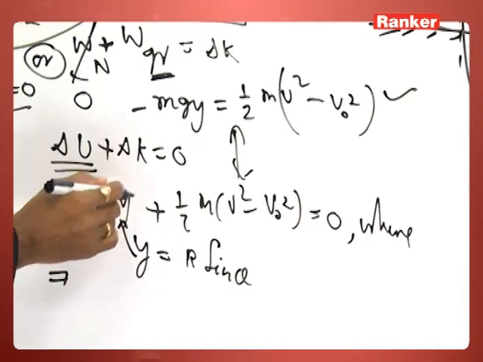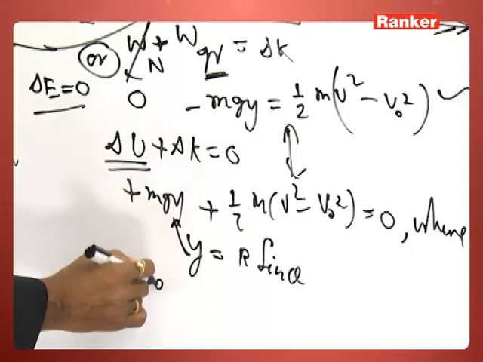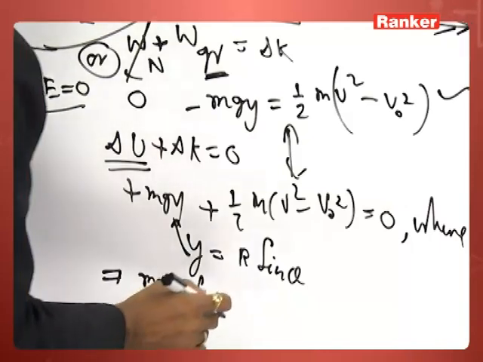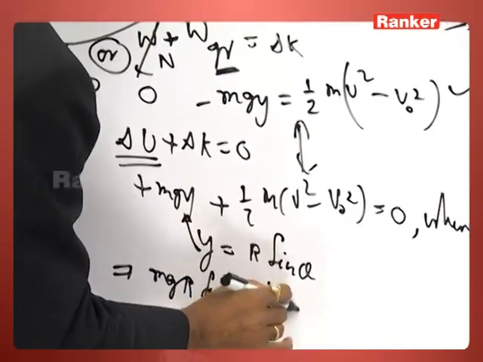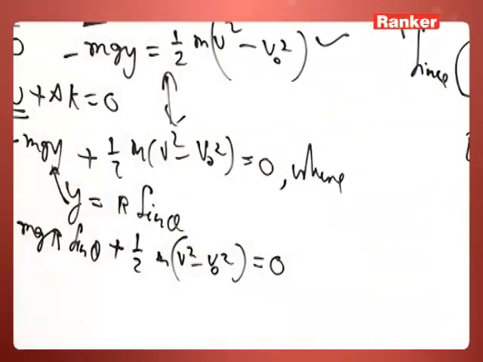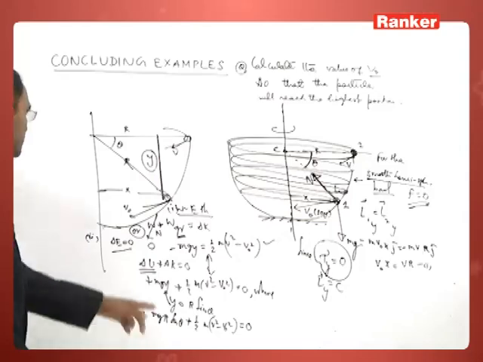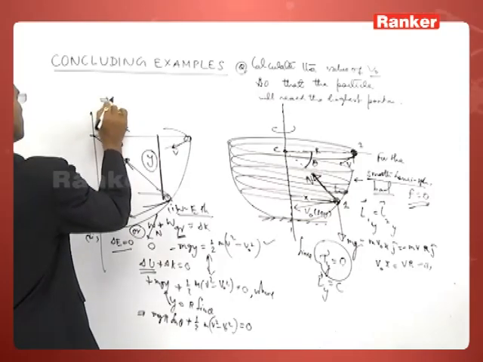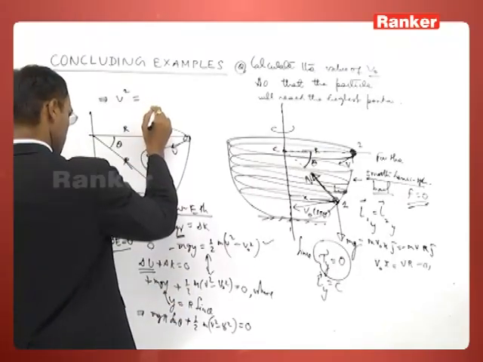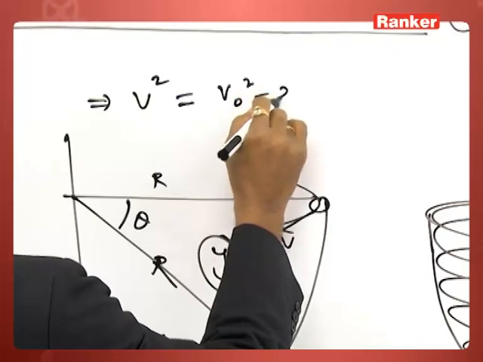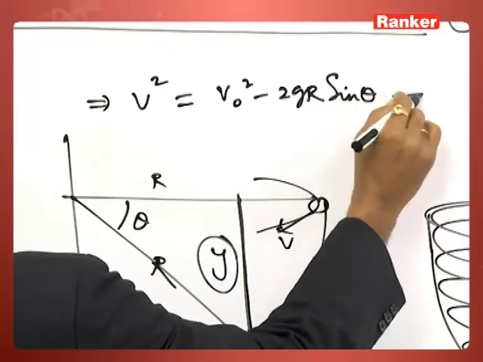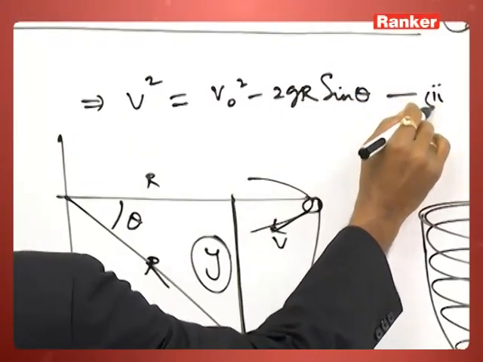Substituting y is equal to r sine theta, we are getting mg r sine theta plus half m times v square minus v naught square is equal to 0. This gives us v square is equal to v naught square minus 2gr sin theta, equation 2.